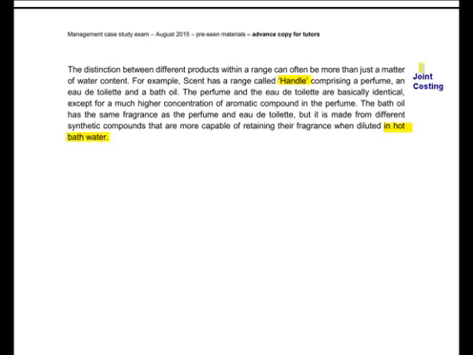The amount we set aside for the eau de toilette can easily be transformed into one or the other by adding the additional ingredient. And that, of course, could also be a question in the exam, as in, it could say to you, we suggest that we get rid of the eau de toilette range to improve the bath oil or the perfume part of the handle range. And then you may be given some information, and you have to come up with a reasonable recommendation as to why they should or shouldn't do that.